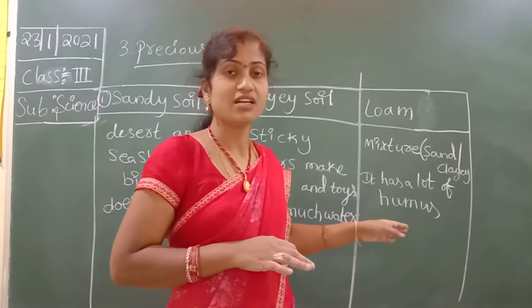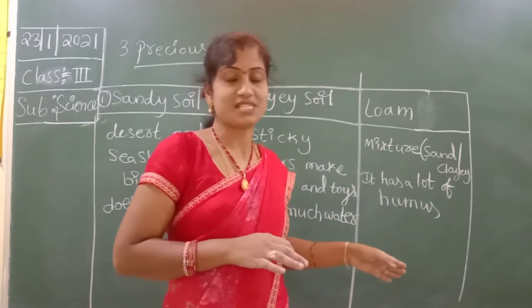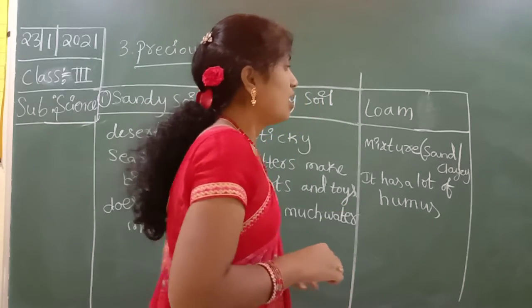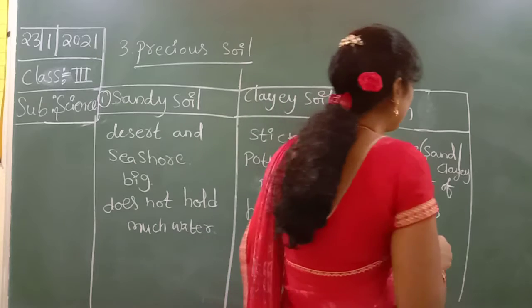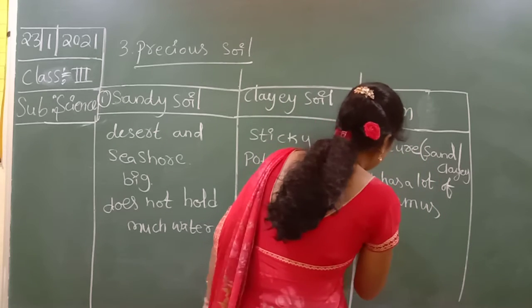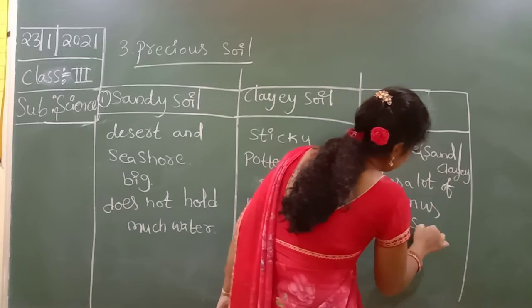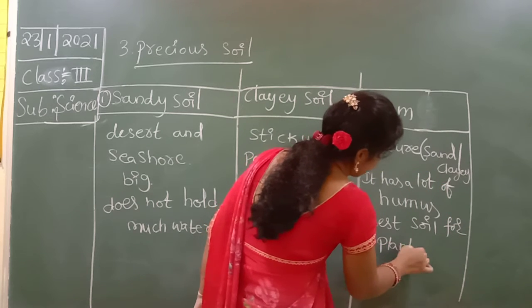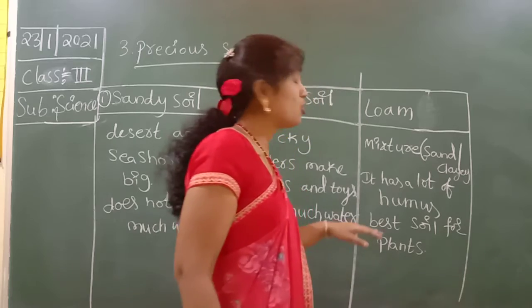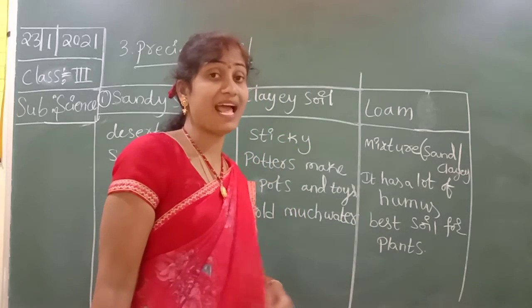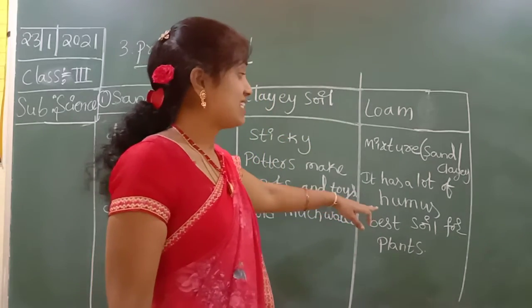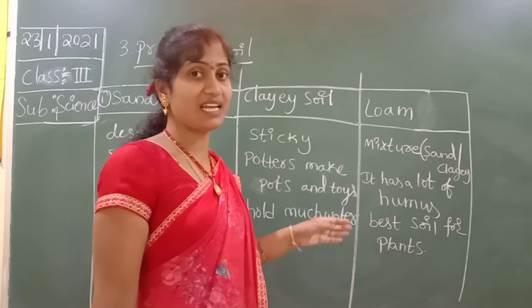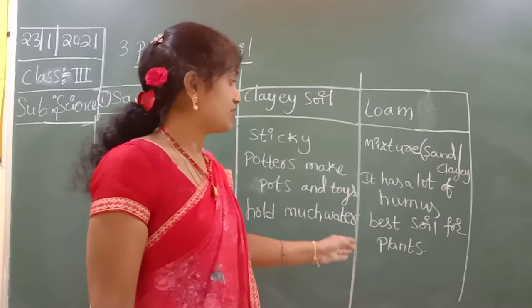Loam is the best for growing crops, with air, water, and humus. Loam is the best soil for plants. It has a lot of humus.